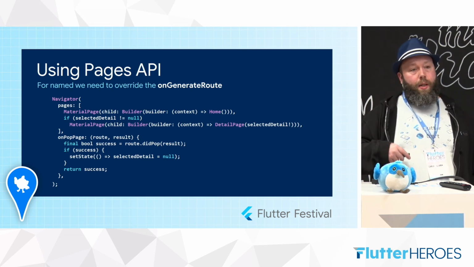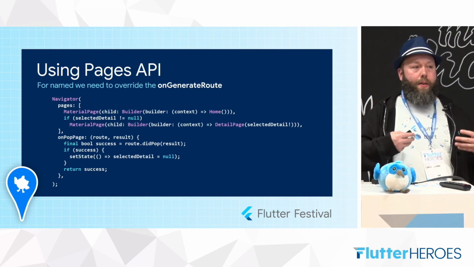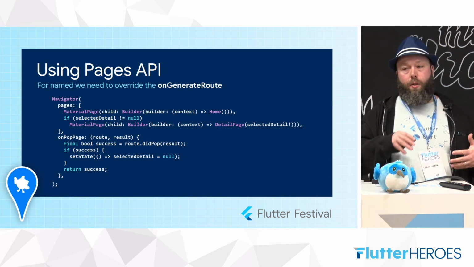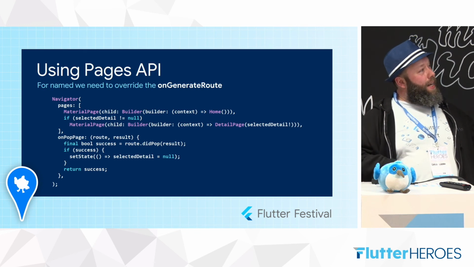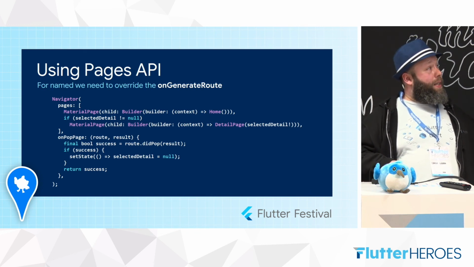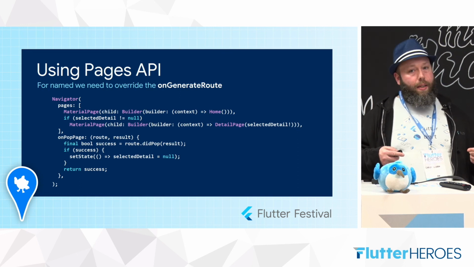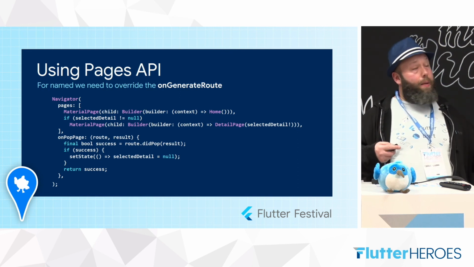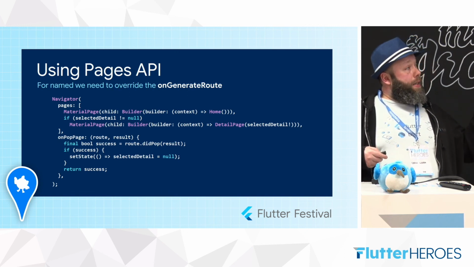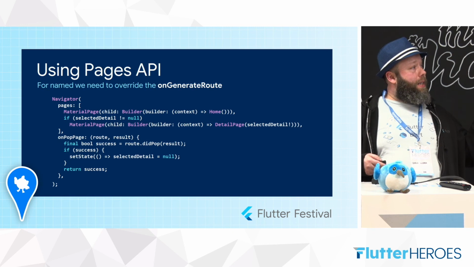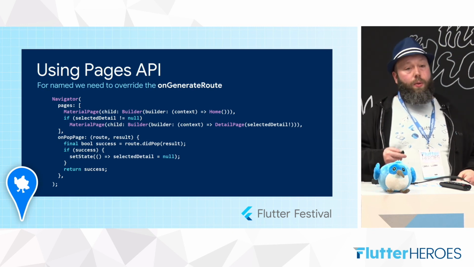For example, the most basic example, if I have everything on one page, don't do that ever, please, I can simply use setState to set the value of selected detail. When I do that, I will have my animation with the material page and the new route will pop in. And then on the back, I can simply use setState to get back.